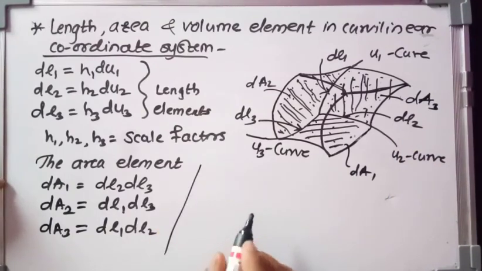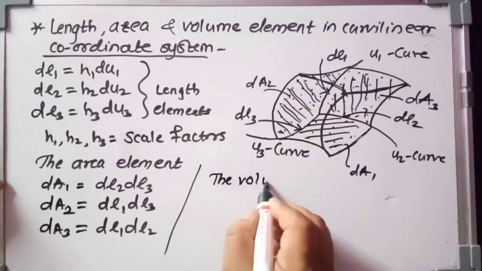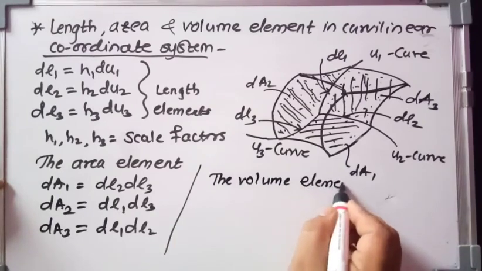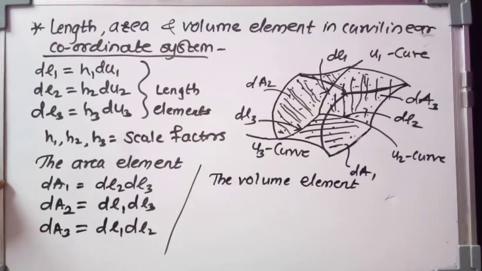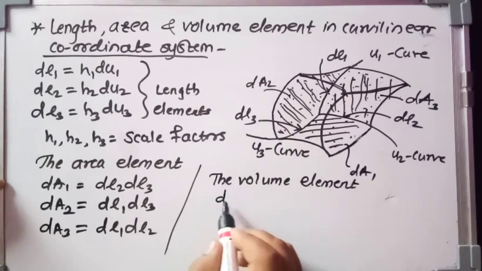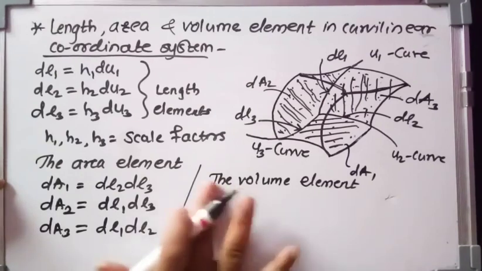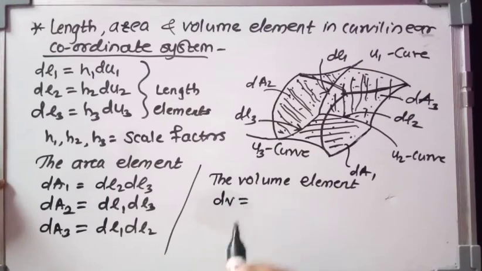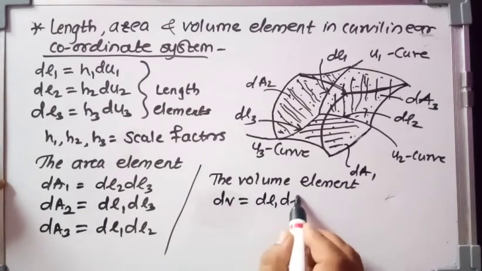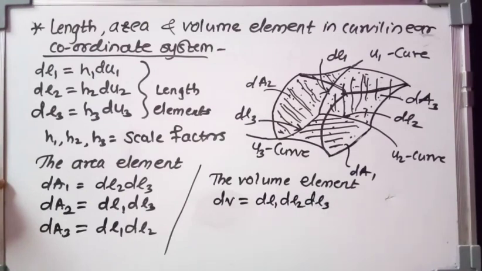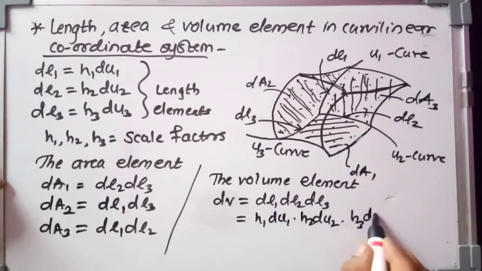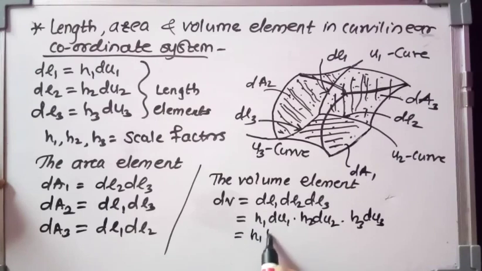Let us write the volume element. The volume element in curvilinear coordinate system is given by multiplication of three length elements. dV is equal to dl1, dl2, dl3, is equal to h1 du1 into h2 du2 into h3 du3, and therefore we get h1 h2 h3 du1 du2 du3.